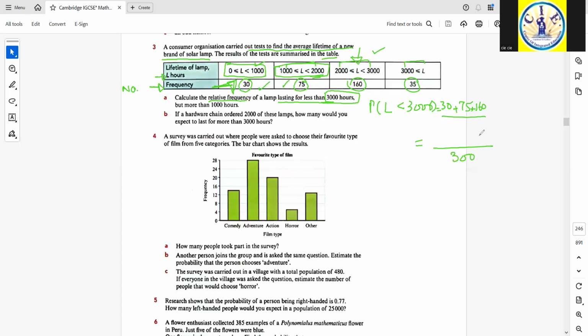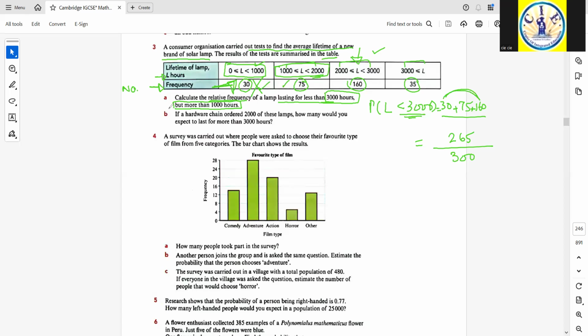Okay. Now, for this, you need to include this part as well. The lifespan should be greater than 1000. For that, I'm going to exclude this one. If it would have been just this thing, we would have added all of these, so their answer would have been 265 divided by 300.